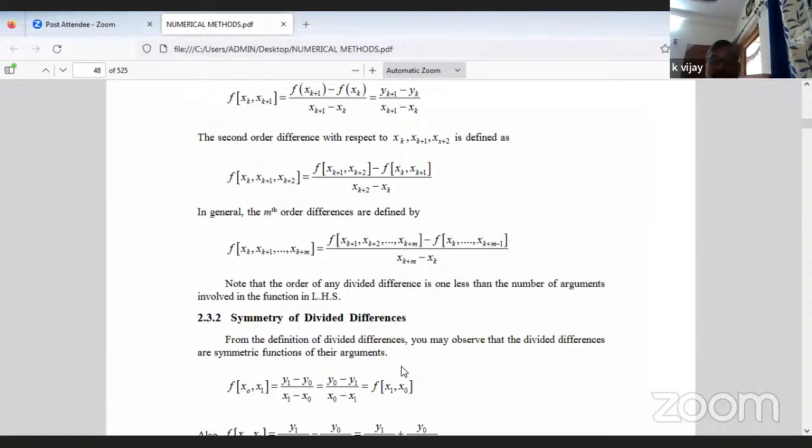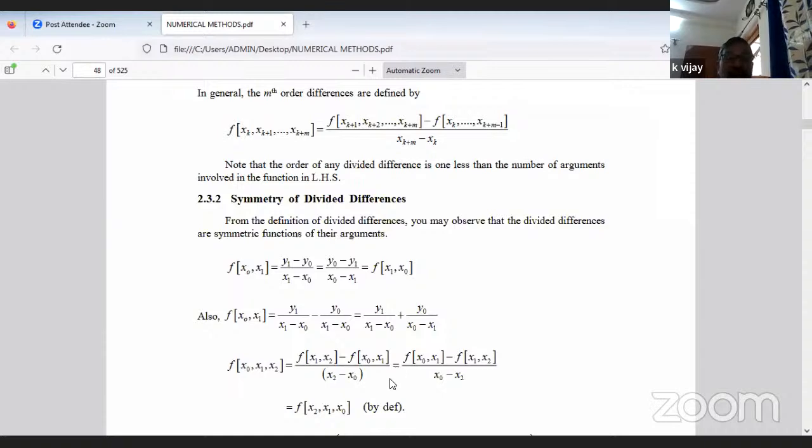Note that the order of the difference is one less than the number of arguments involved on the left-hand side. The symmetry of differences is also the same.